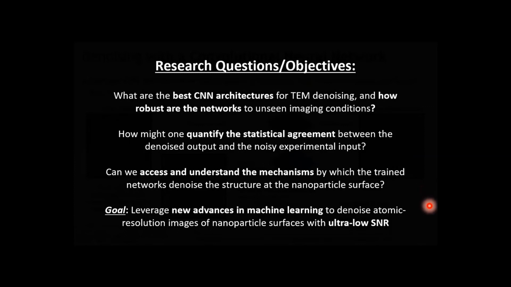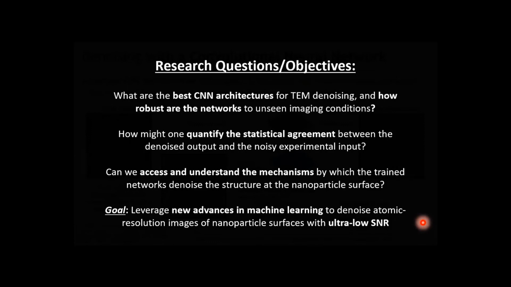And then something that's really important for us, because the images are so noisy that we can't quite ascertain the structure, we need a way of quantifying the degree of uncertainty with the denoised image. So we need a way of quantifying the agreement between the original noisy observation and what's coming out of the network. And then finally, can we actually understand how these networks are denoising our images? Can we ascertain or access those mechanisms and use them to inform us to make better networks?